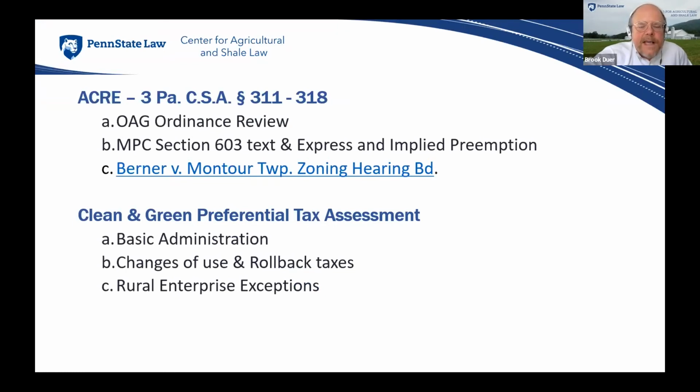Now, in the grand scheme of things, in terms of the statutory protections to ag operations and the viability of ag as an expression of Pennsylvania policy, you might want to consider, and it generally is put forth, that clean and green might be the most simple and elemental of the statutes, basically creating a property tax break for those who are putting their land to ag use.